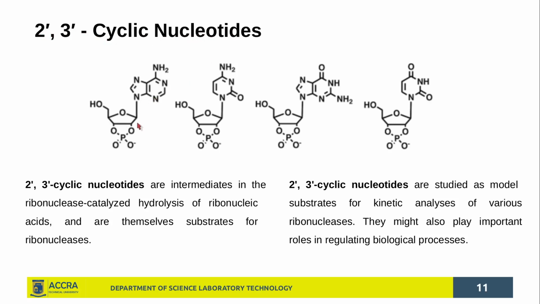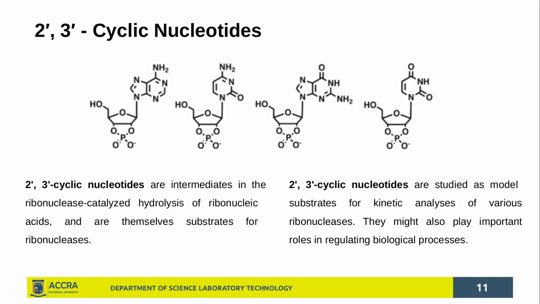2', 3' because this is carbon number 2 and carbon number 3, between which the cyclic structure is formed. These are just intermediates in the metabolism of nucleotides.